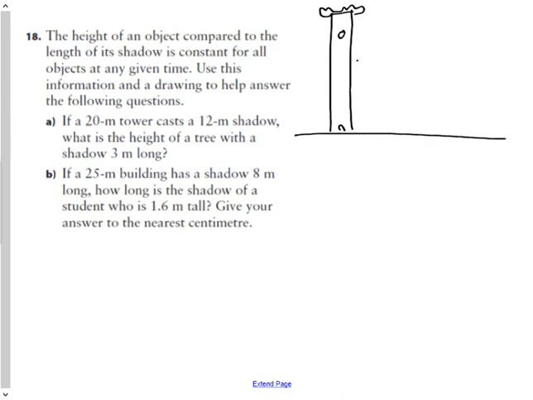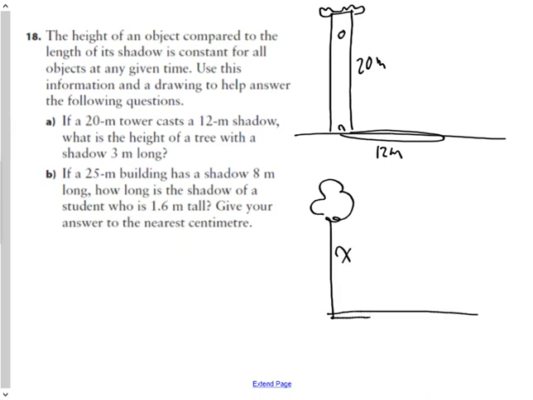So a 20-meter tower casts a shadow that is 12 meters. What is the height of a tree whose shadow is 3 meters long? So there's my picture. And if I write my proportion, I'm going to go object to shadow as the ratio.